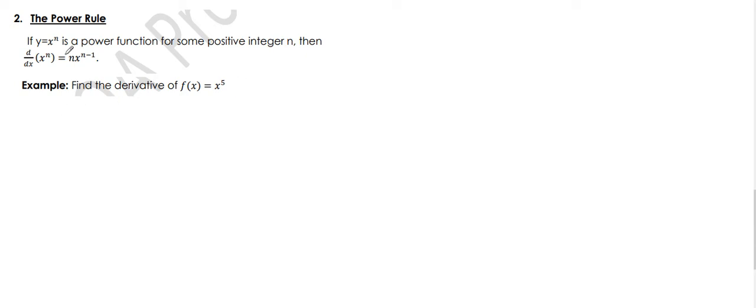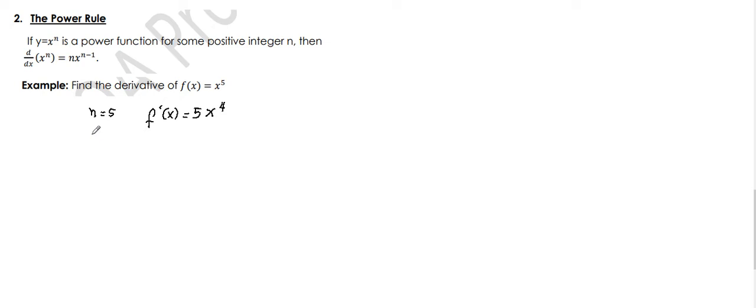Okay, so using our formula or our rule, we could say that f prime of x is equal to yung ating n, yung ating power muna isulat natin, 5, and then copy natin yung ating base, which is x, and then bawasan natin ng isa yung ating 5, which is equal to 4. So, that means our f of x equals x raised to 5. The derivative of that is 5x raised to 4.